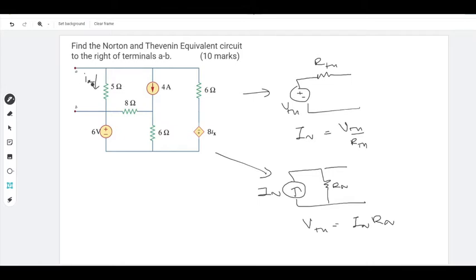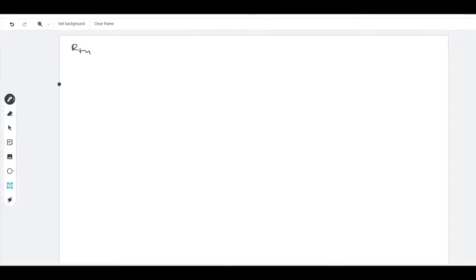This question has a dependent voltage source, so you know you're going to have to add a voltage source at the open circuit here, the terminal AB. For RTH with a dependent source, you have to add the 1 volt voltage, or any voltage that you prefer.